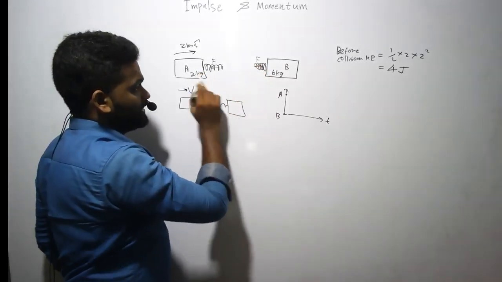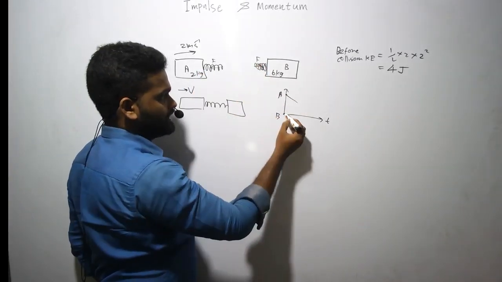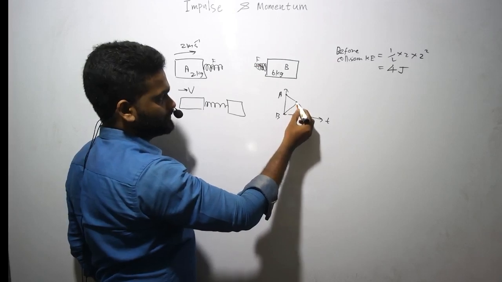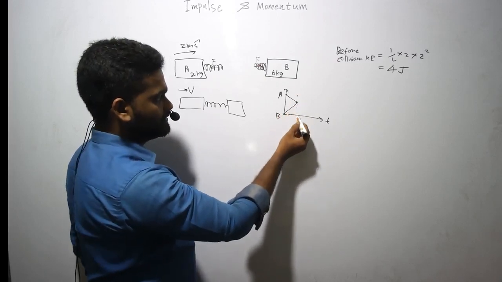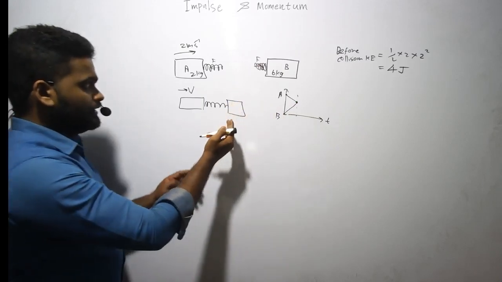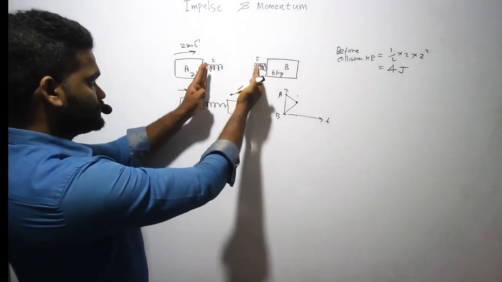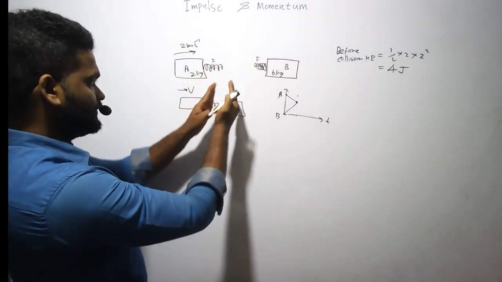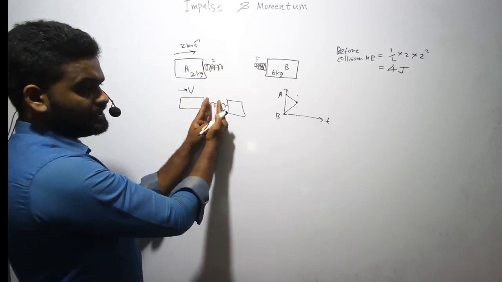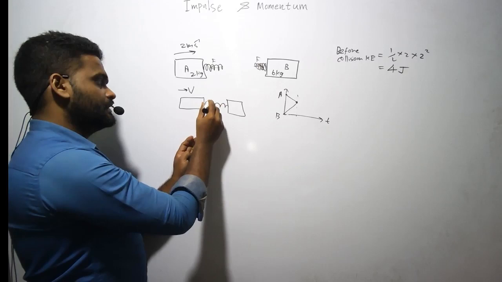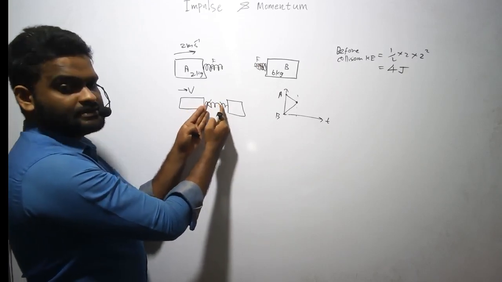So the speed of A decreases like this, and the speed of B increases. While this is happening, these forces also grow, and then there's a maximum contraction, meaning there's a maximum force inside these springs.